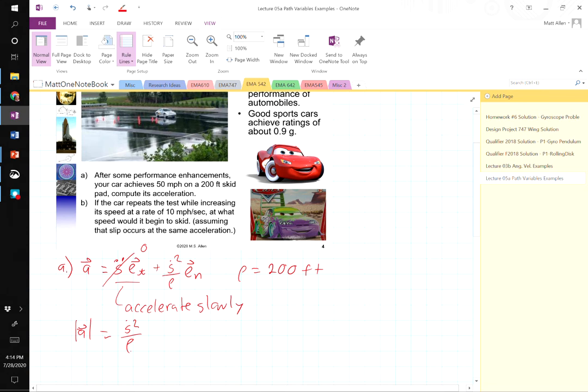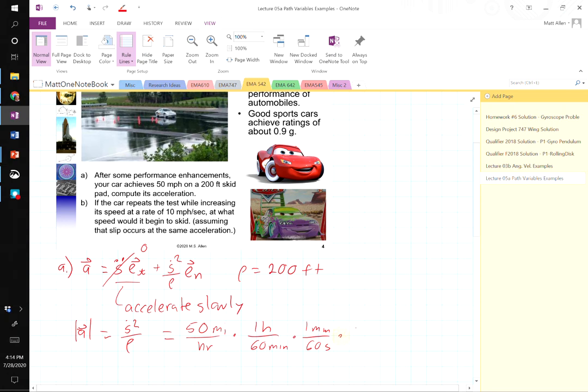And so we can calculate that. That will be 50 miles per hour. And we'll need to put that into feet per second to make everything compatible. So we'll multiply by 1 hour over 60 minutes, and by 1 minute, which is 60 seconds.